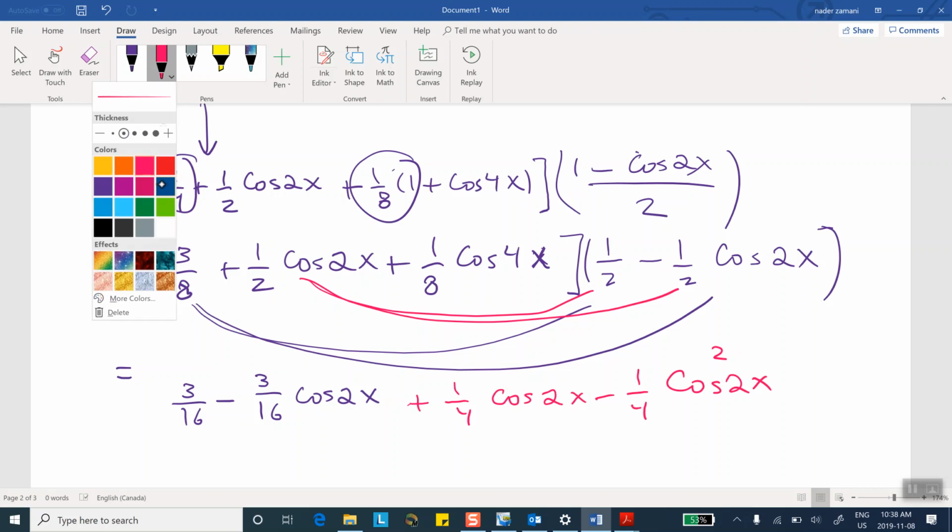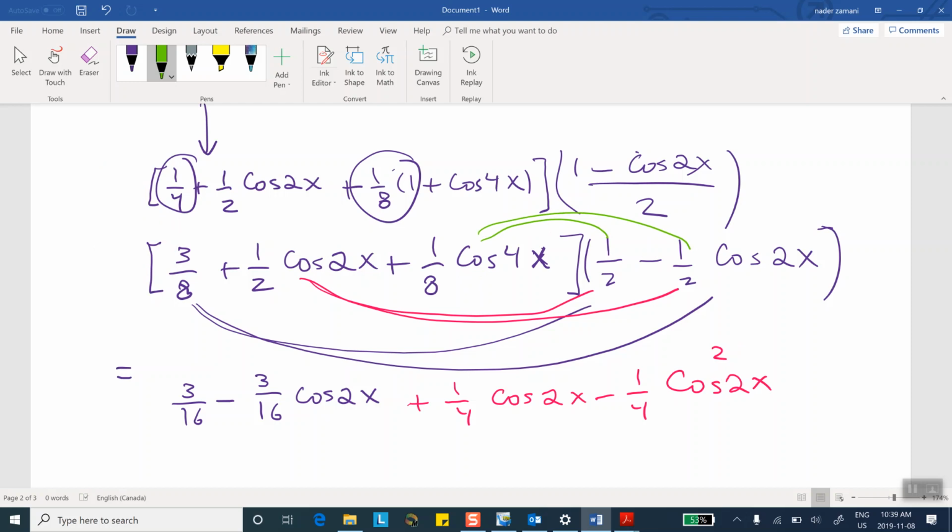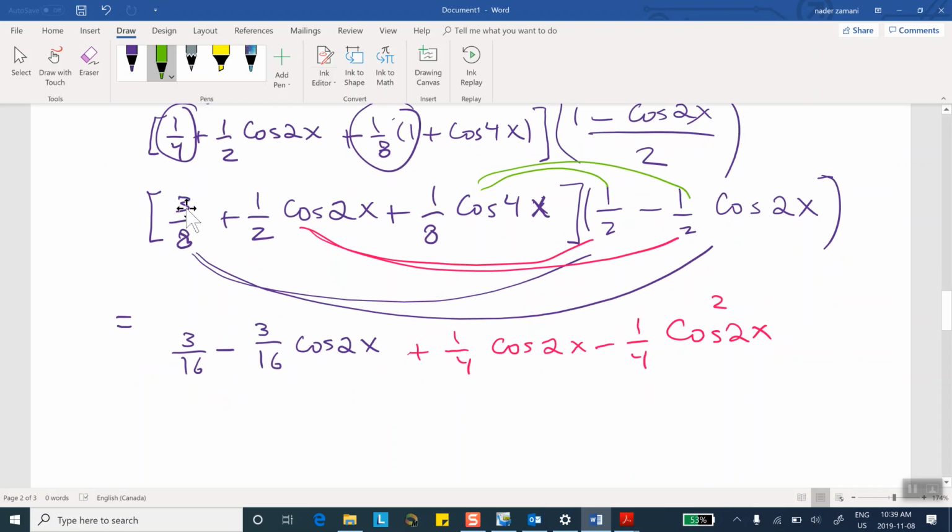And finally, this times that, so on the next line, plus 1 over 16 cosine of 4x minus 1 over 16 cosine of 4x cosine of 2x.